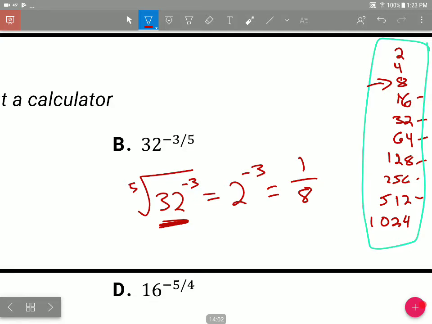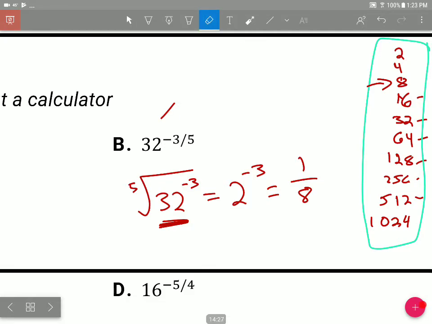All it means is, hey, I'm on the wrong side of the fraction. Like if I have an x to the negative 2 down here, it means, hey, I belong on top. So that makes it positive. Okay? That is all a negative exponent means.